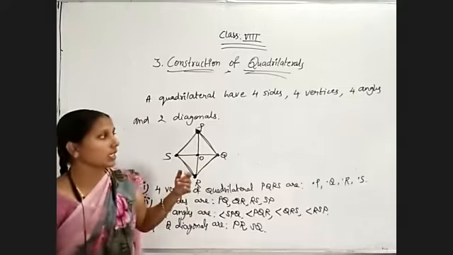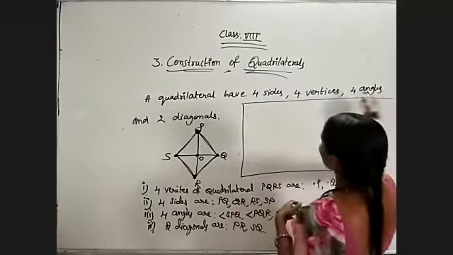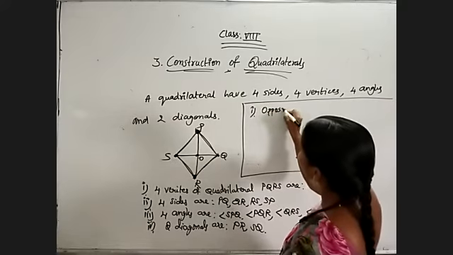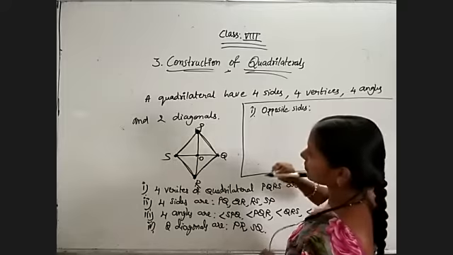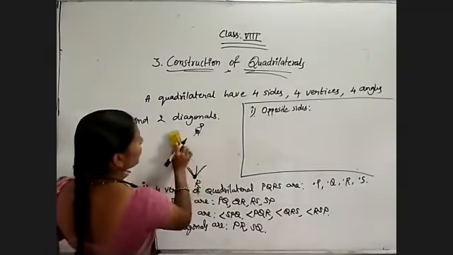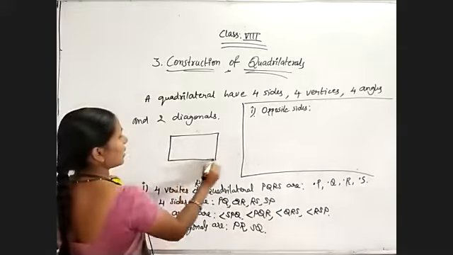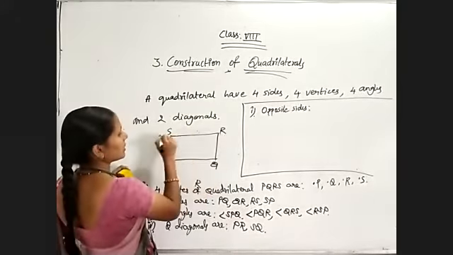Now coming to the adjacent sides and opposite sides. My first topic is opposite sides. Suppose I am using a quadrilateral in this way. You know that it is a rectangle. PQRS is a rectangle.